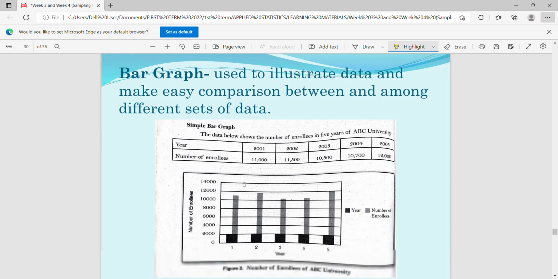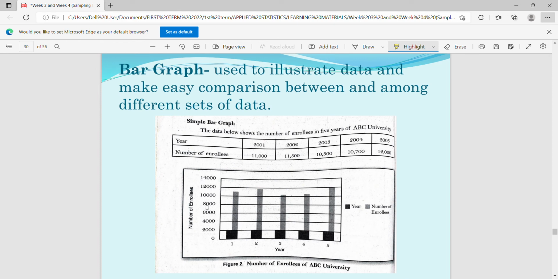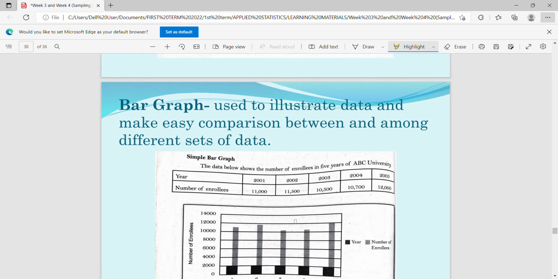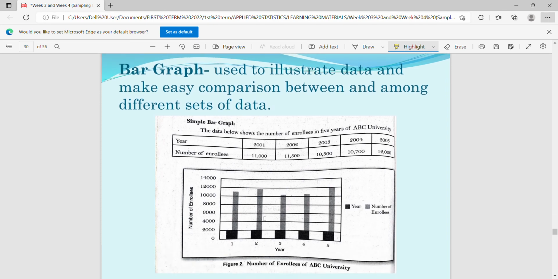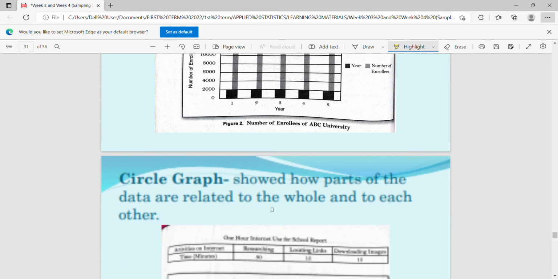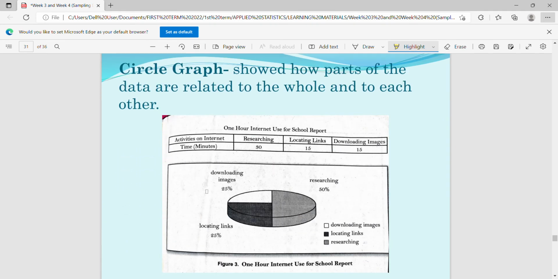This is the form of a bar graph. This is a horizontal bar graph. We can also make a vertical bar graph. Next, we have the circle graph. This is used to show how parts of the data are related to the whole and to each other.